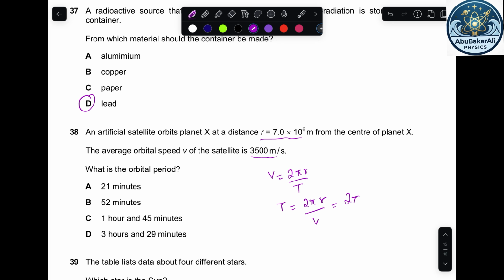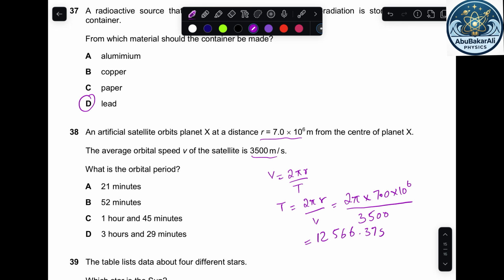You just have to put the values: 2 pi, r is 7.0 times 10 raised to power 6, and v is 3500. Let's do the calculation. 2 pi into 7 into 10 raised to power 6 divided by 3500, you will get 12566.37. That will be in seconds.